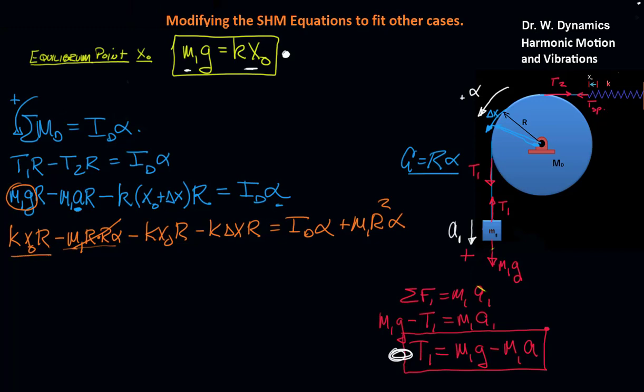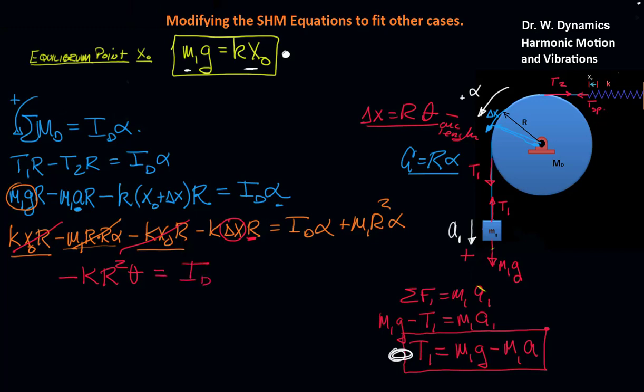We have a k x0 R and a negative k x0 R, so they're going to cancel out. This cleans up a little bit. We have a delta x hiding here, and delta x will be R theta from the arc length formula. If we plug all that in, we get minus k R squared theta, since we have two R's now, equals I of the disk plus m1 R squared, times alpha.